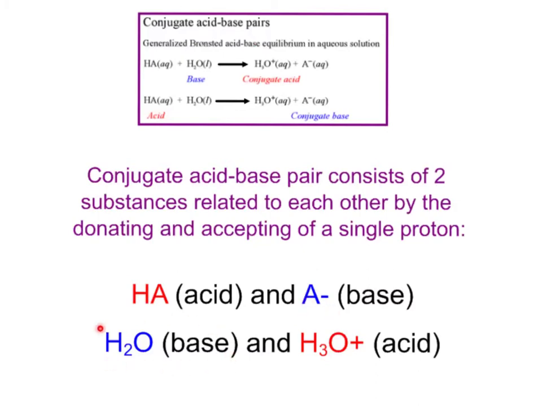And same here, we know that water is a base because it has the ability to accept a proton when it goes from here to here. When we look at this ion, we can see that it's going to be the conjugate acid because it has the ability to donate a proton now and to go in reverse. And let's take a look at that forward and reverse ability of this reaction.